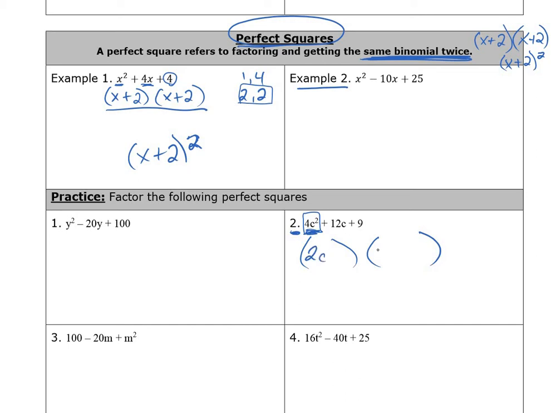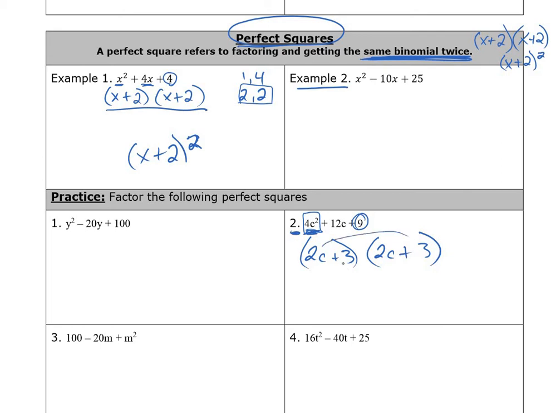Well, that would be 2c and 2c. 2c times 2c would be 4c squared. How would we get 9? We would get 9 by having a 3 and a 3. 3 times 3 is 9. And then, since the middle is plus, we're going to put a plus and a plus.